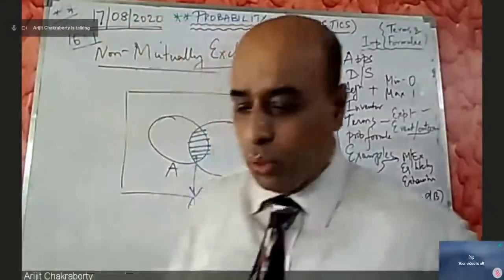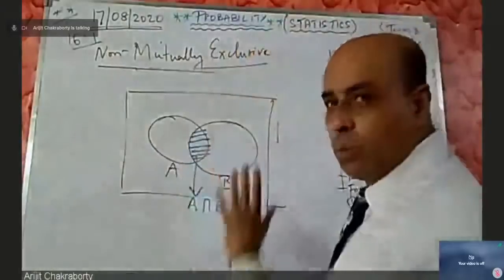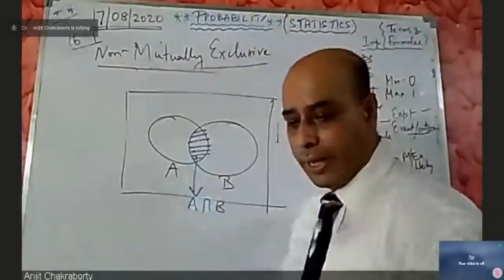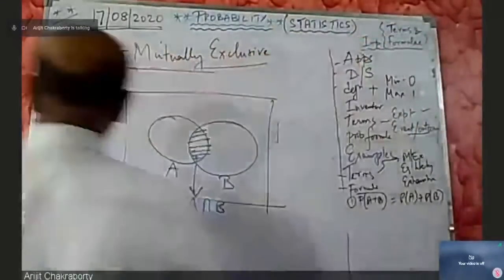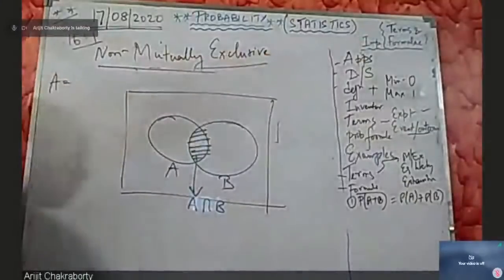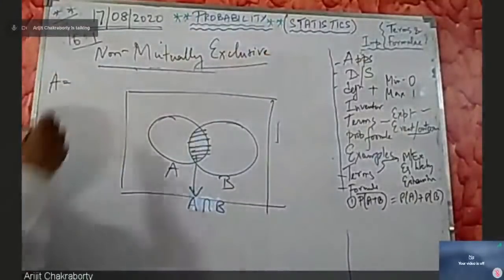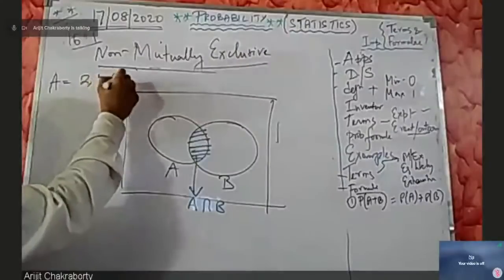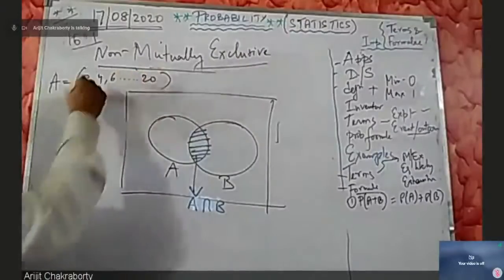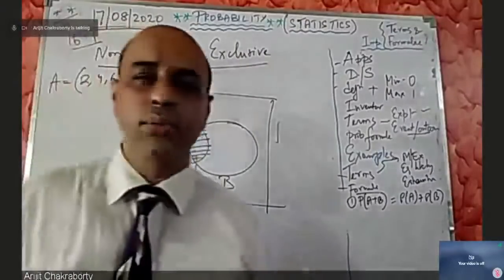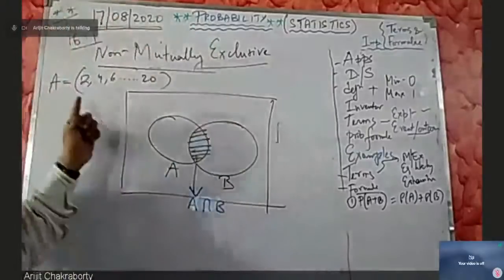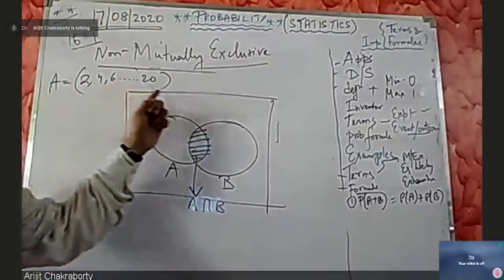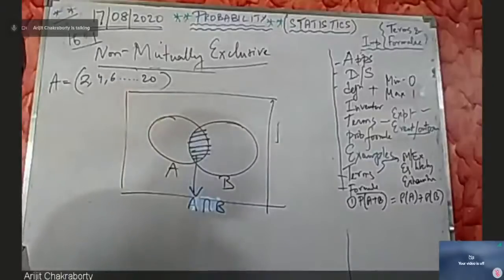Now say, I am giving an example. I am taking two sets of numbers. Say, I am taking a set A, which has the numbers 2, 4, 6 till 20: 2, 4, 6, 8, 10, 12, 14, 16, 18, 20. It is a multiple of 2.